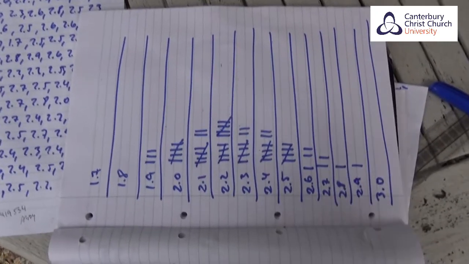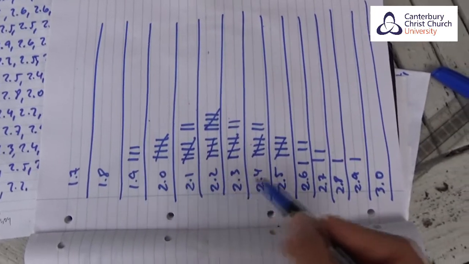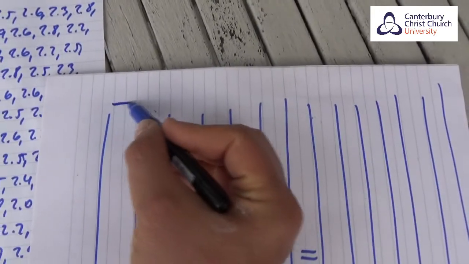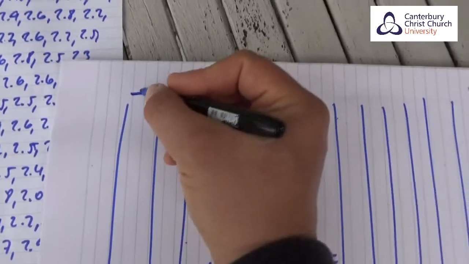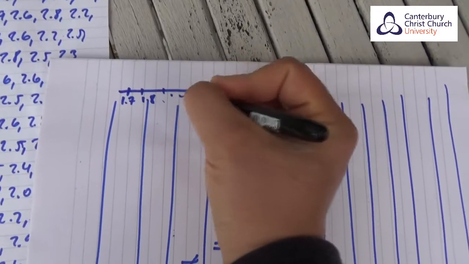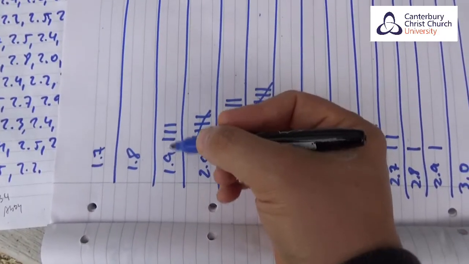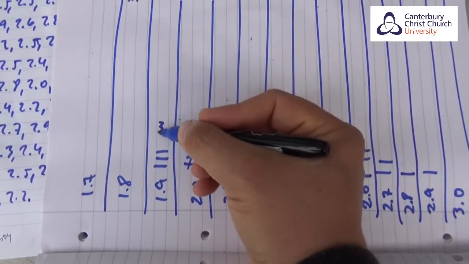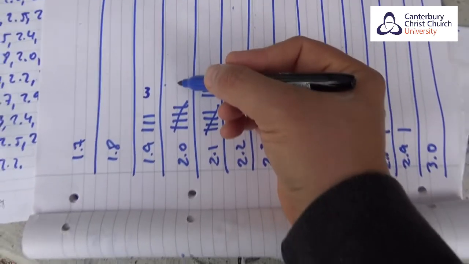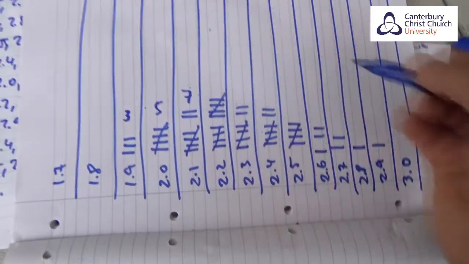So all we have to do now is plot a graph where we take these numbers and put them on the x-axis, starting with 1.7, 1.8, and so on and so forth. Then we tally up the numbers, so in this case 1.9 would have a total of 3, 2.0 would have a total of 5, 2.1 would have a total of 7, and so on and so forth.